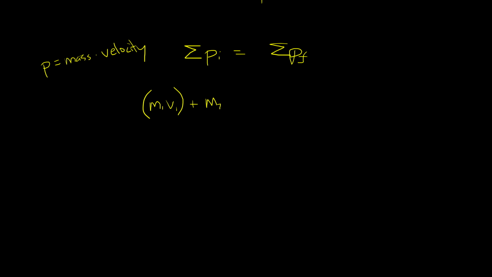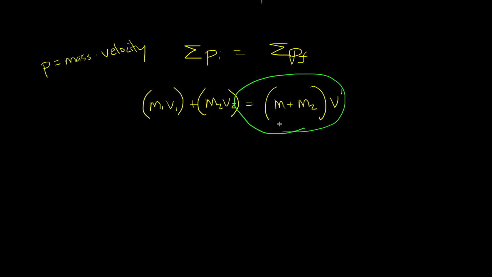m1v1 plus m2v2 equals m1 plus m2 times v prime. What you're seeing here is the situation where both objects are stuck together.